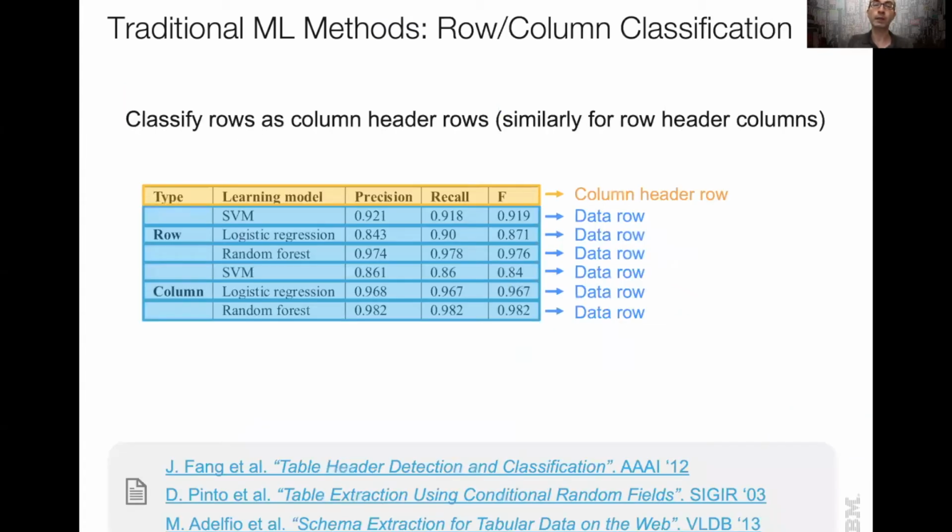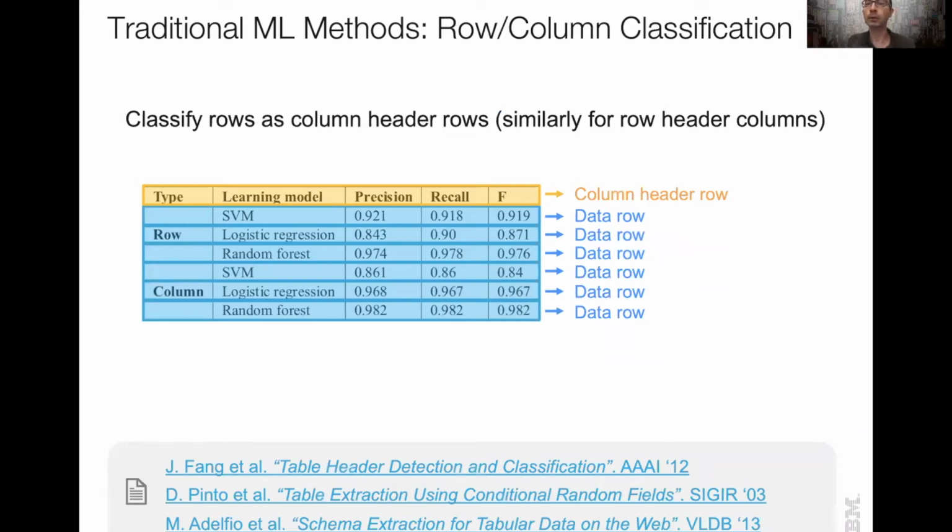One way to define this as a classification problem is to classify entire rows if we're looking at identifying column headers, or entire columns if we were looking at identifying row headers. And this is the approach that is followed, among others, by Fang, Pinto, Adelphio, and more.